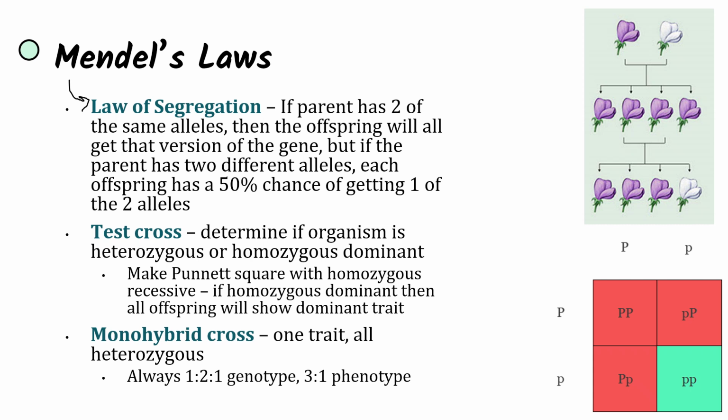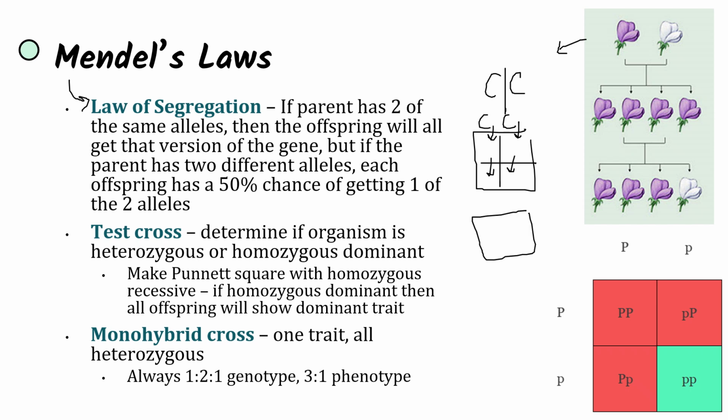So this just means that, let's say we have our homozygous dominant flower here, that when we're doing this crossing, or when we're doing this breeding of two plants, then these alleles are segregated or separated. So then when we put them in our Punnett square, all of the offspring are going to have this dominant allele, because it'll be inherited by all of the offspring.